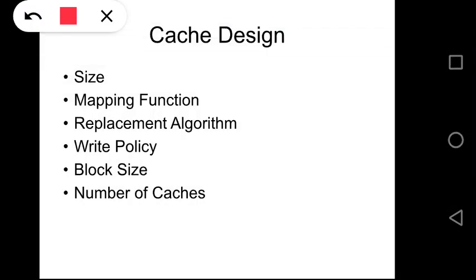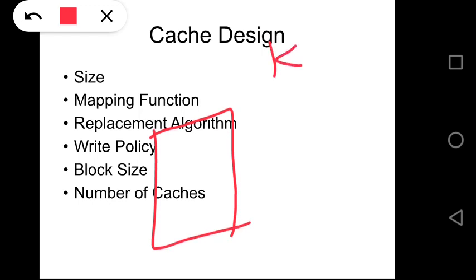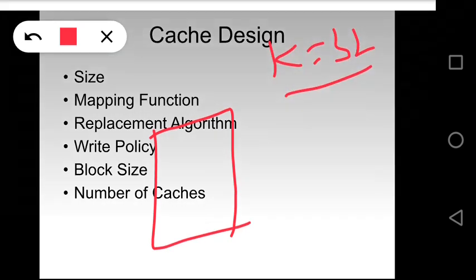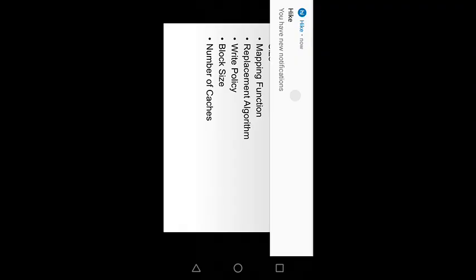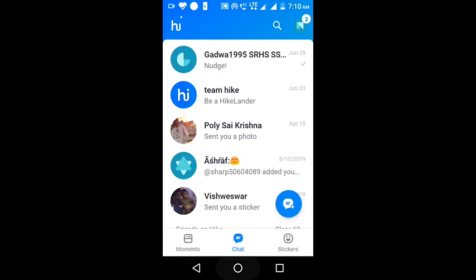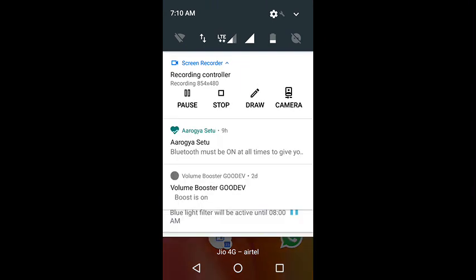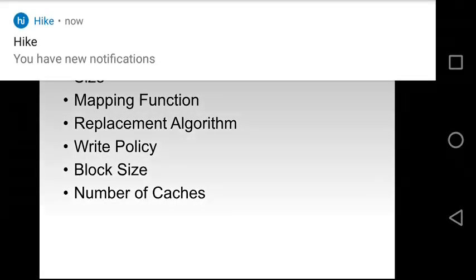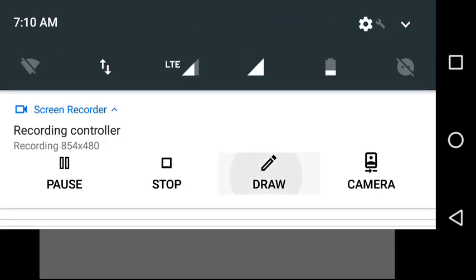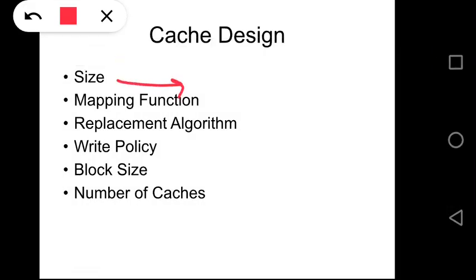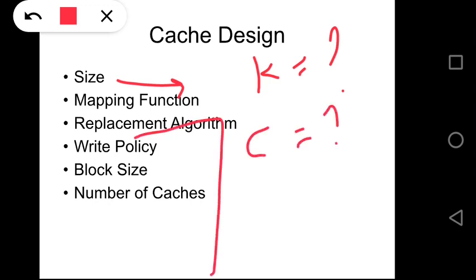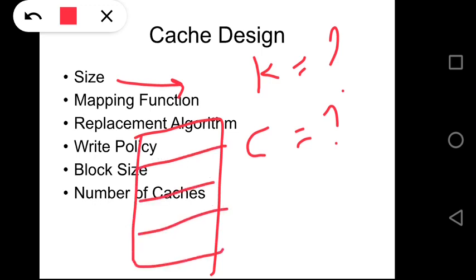Second one, okay, you decided that k to be, let's assume, 32. So by cache size, I hope you are now understanding what should be the value of k and what should be the value of C. C means how many blocks your cache memory should be divided into.